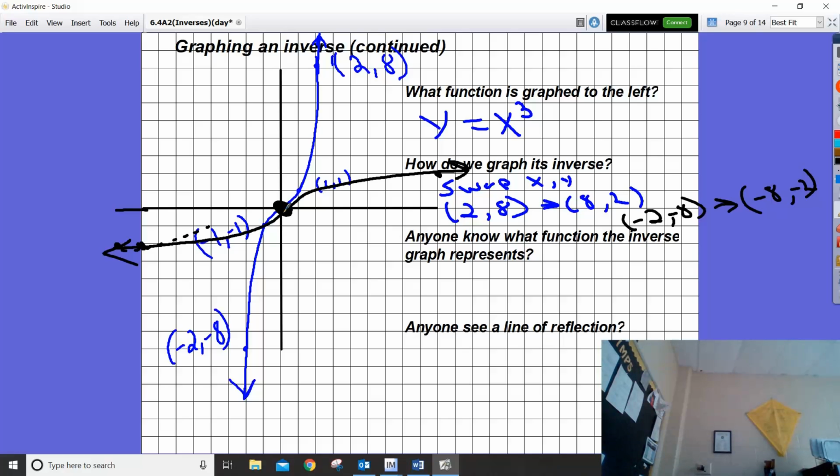The inverse is a function because it passes what test? Vertical. And of course it is. The original function was 1-to-1. If the original function is 1-to-1, the inverse is still going to be a function. Do you know what the inverse of x cubed is? What is the opposite of cubing? 1/3.